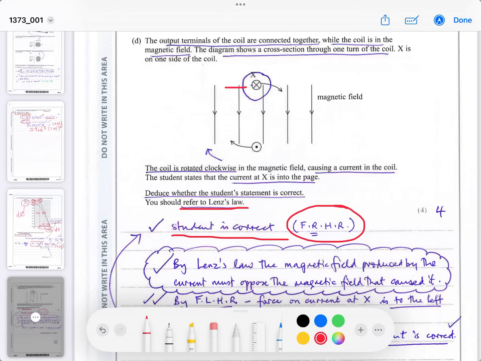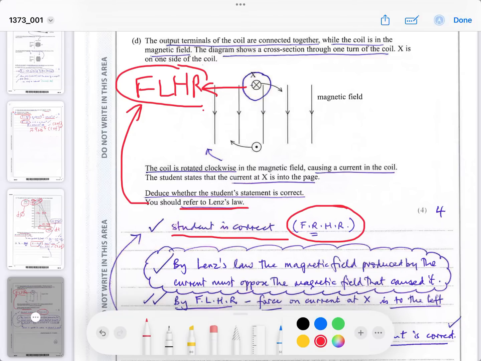This is Fleming's left-hand rule. This current that's being induced will also produce a force against the motion. So by Lenz's law, if the current is going in the direction shown there, it will oppose the clockwise motion.